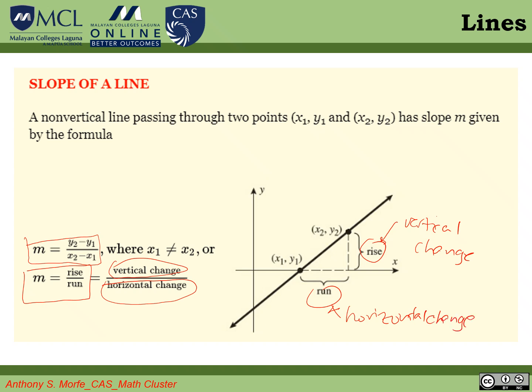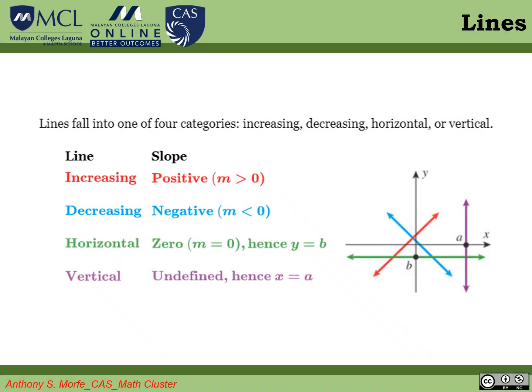And then we extend the concept into finding out the category of the line, because lines fall into one of four categories: increasing, decreasing, horizontal, or vertical. Okay, so these are the four categories of lines.